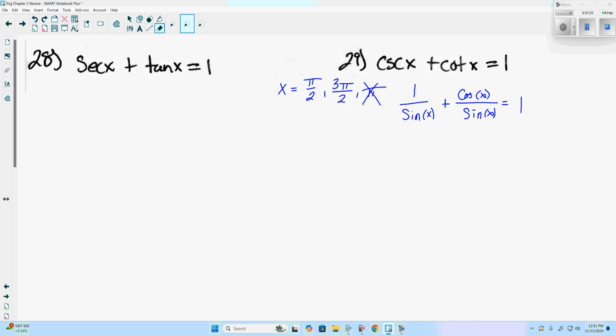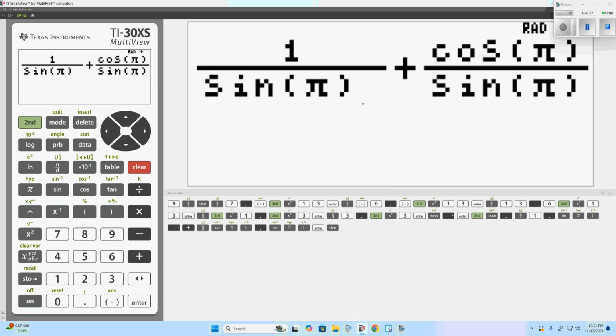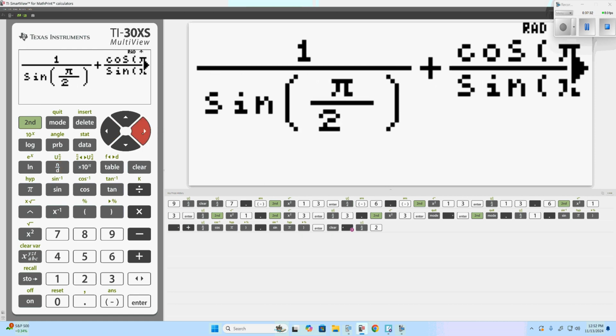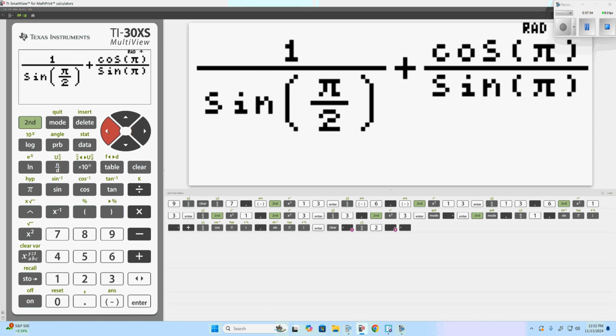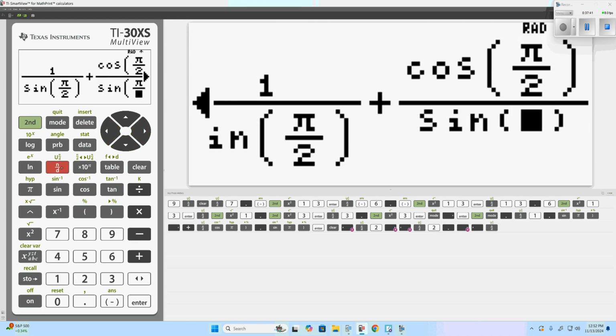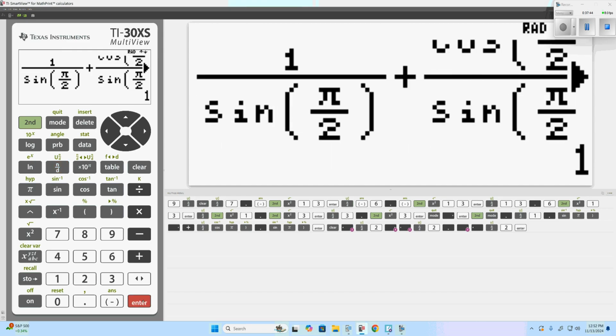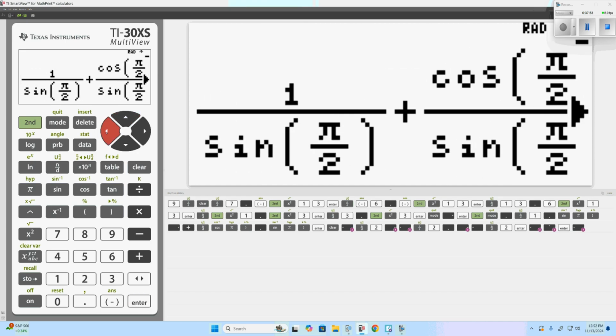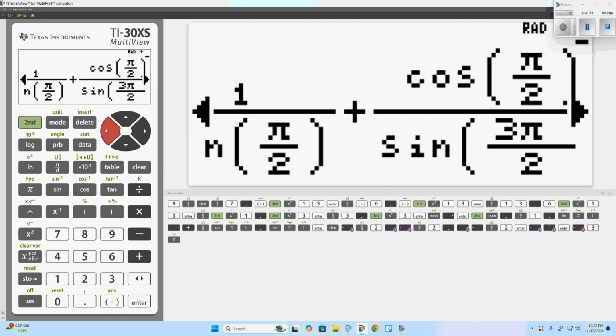Anytime we square both sides, we really need to check our solutions. We can check pi over 2 next. So we say pi over 2. Pi over 2 gives 1, so that works. And the only other angle we got, especially from the last one we did, was 3 pi over 2.